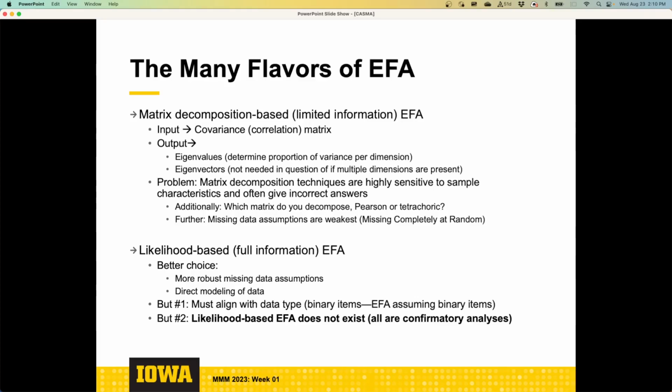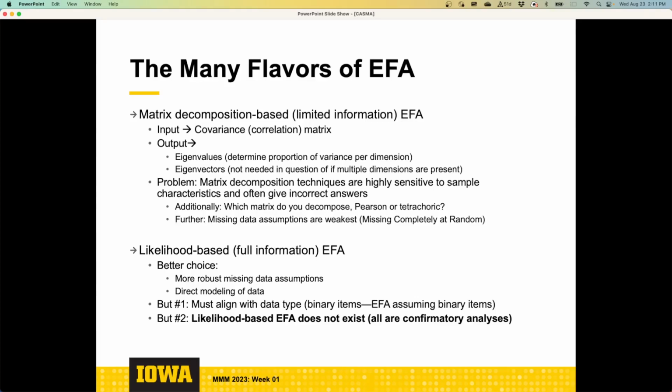The other problem, if you choose, okay, so forget the matrix decomposition. I learned something called maximum likelihood. Let's do maximum likelihood. Turns out there is no such thing as maximum likelihood exploratory factor analysis. I know that sounds crazy because we have it and people use it. There's a proc factor in SAS that'll do that for you by default.